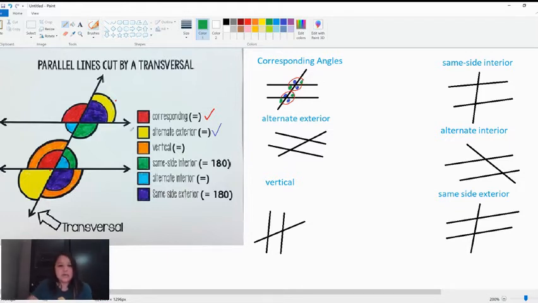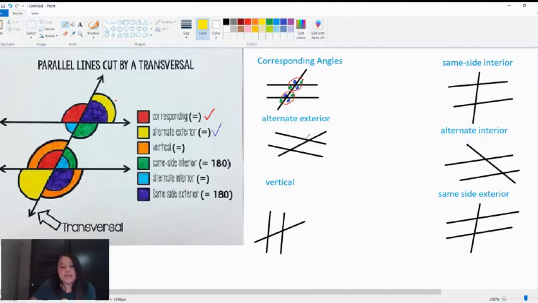Alternate exterior. Alternate exterior are alternating, meaning opposite sides of the transversal, and it's exterior of the two parallel lines. So if you take a look at here, this is your two parallel lines, and it's cut by this transversal right there. So what we're going to do is try to figure out which ones are the alternate exterior angles.